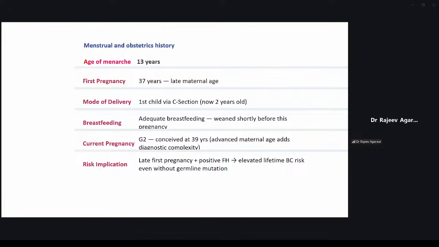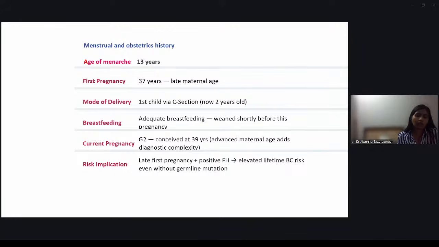Her menstrual and obstetric history: age at menarche was 13 years. Her first pregnancy was at 37 years, a late maternal age. The mode of delivery was C-section. The first child is now 2 years old, was adequately breastfed, and weaned shortly before this pregnancy. In her current pregnancy, she is a second gravida, conceived at the age of 39 years.